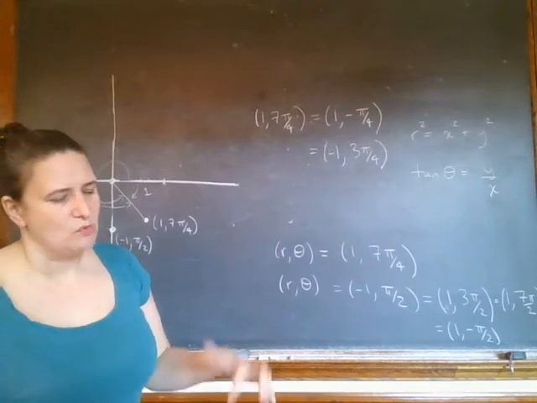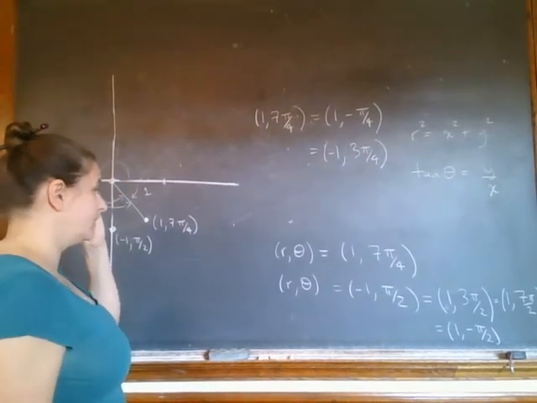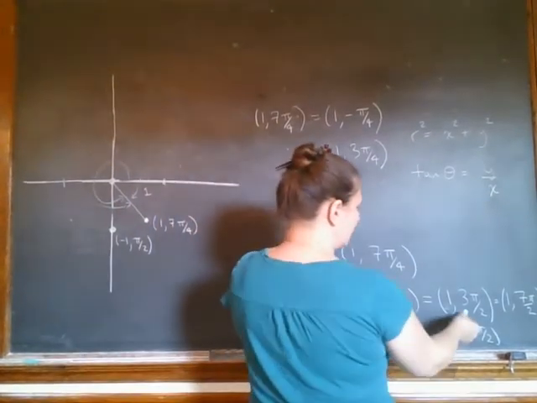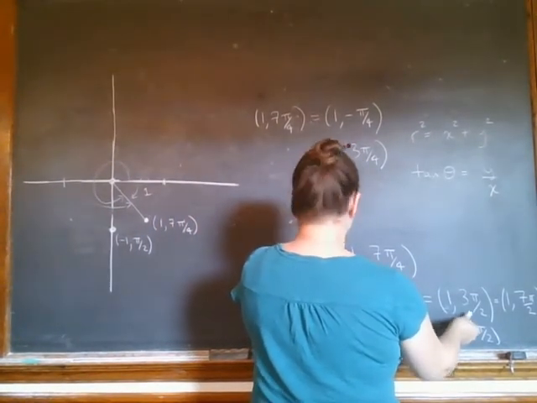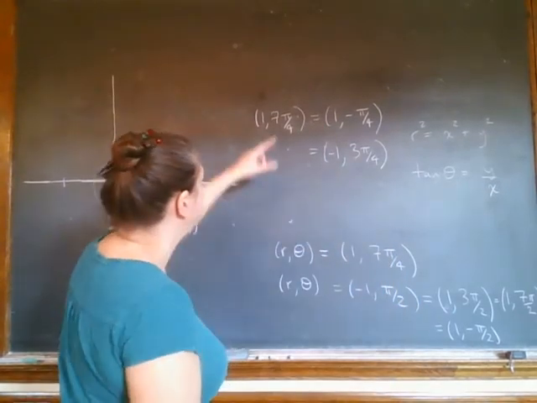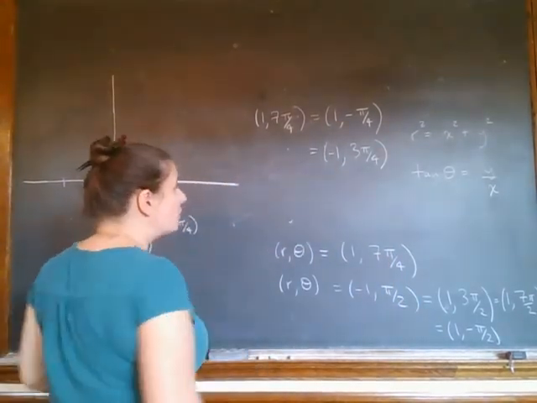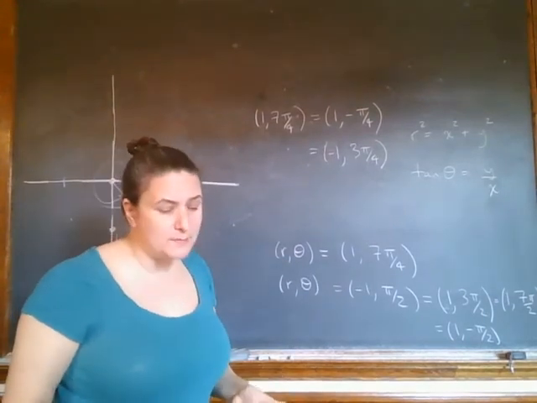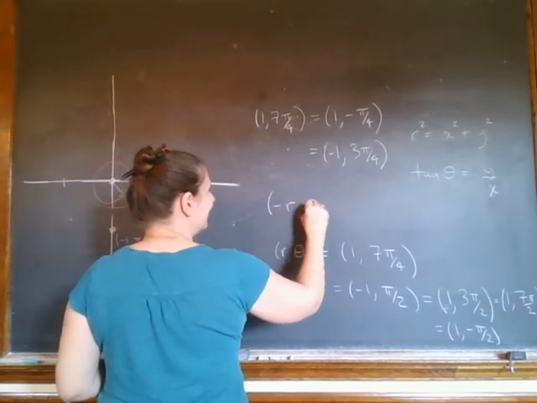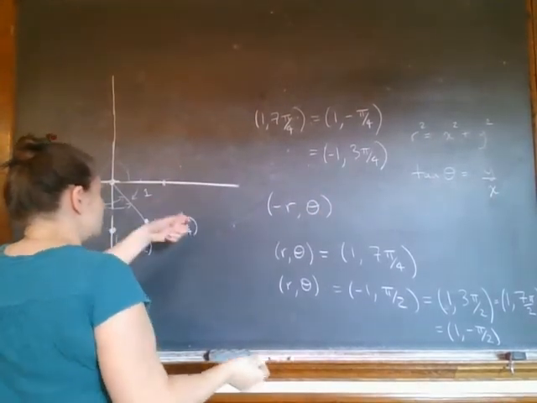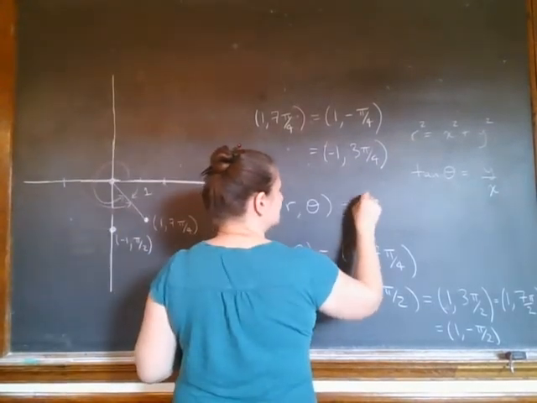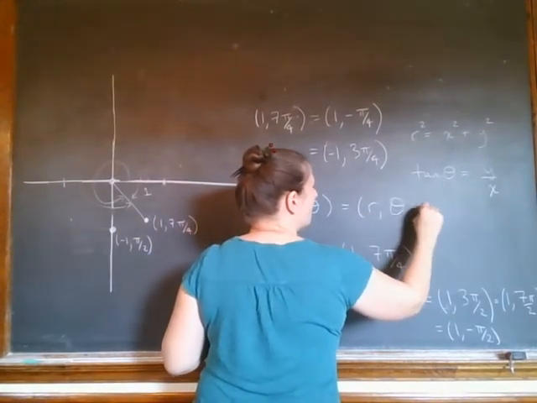Okay? One of the things you'll notice, if you look at this a couple times, there's always a difference of pi between the positive and the negative. Right? So if you are confused about this going backwards and forwards, you can always just memorize that minus r, theta is the same as r, theta plus pi.